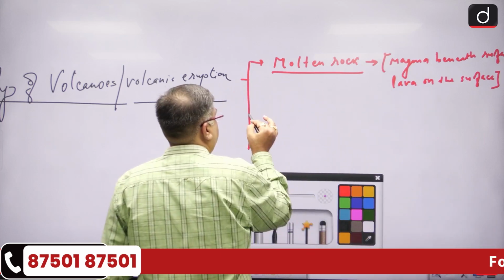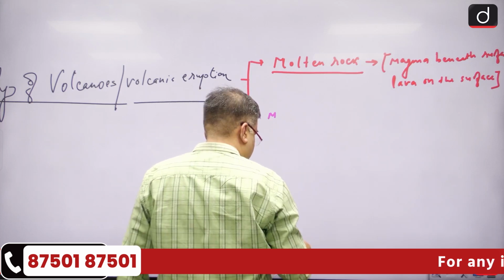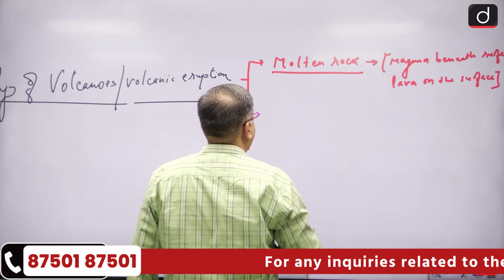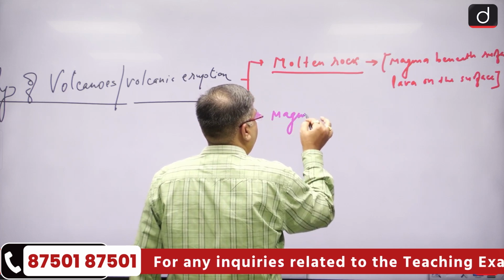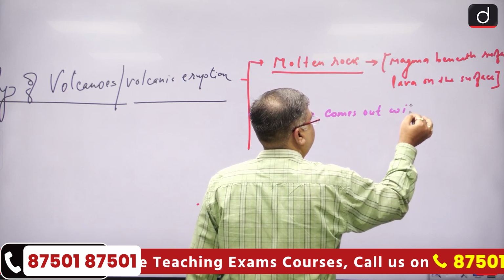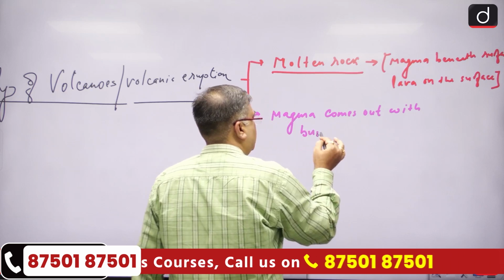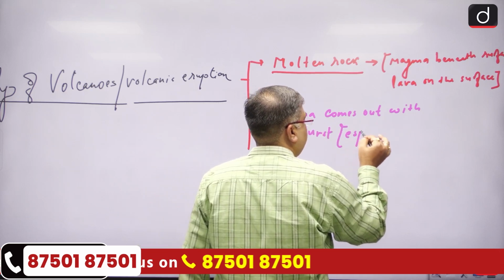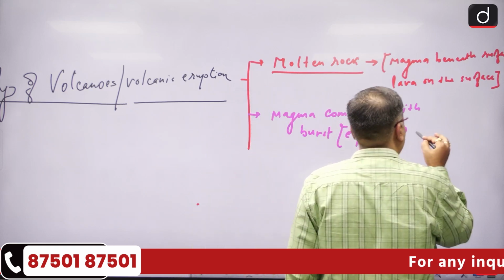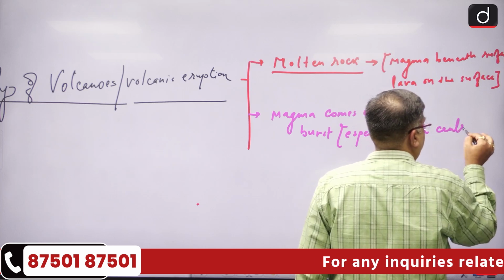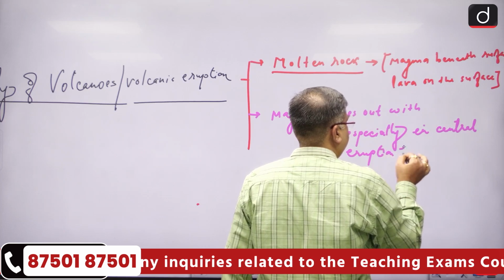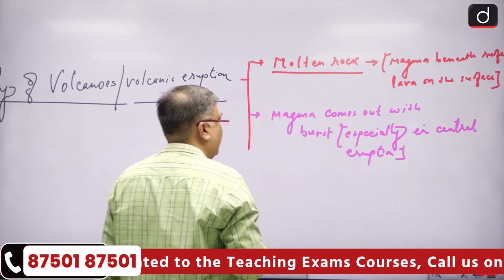Number two, magma, or say lava, comes out with a burst, especially in central eruption.